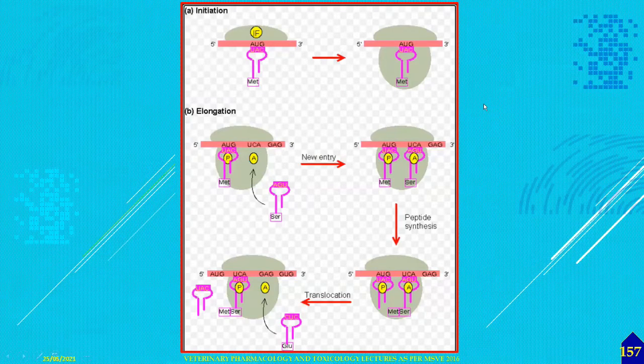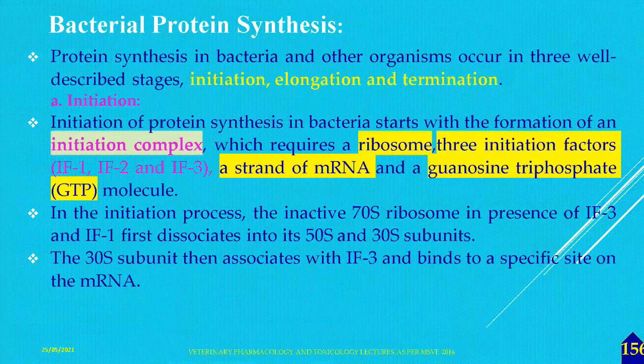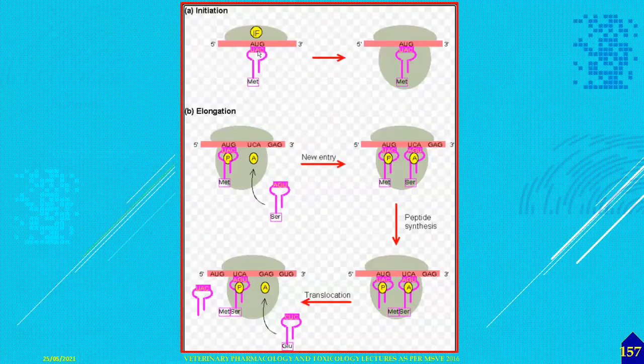Here you can see that the different proteins are going to attach with IF1, then they are going to form the particular protein, especially initially the protein synthesis. So a ribosome and three initiation factors and a strand of mRNA and GTP. Here, all these things are present, and the initial methionine molecule will be formed.